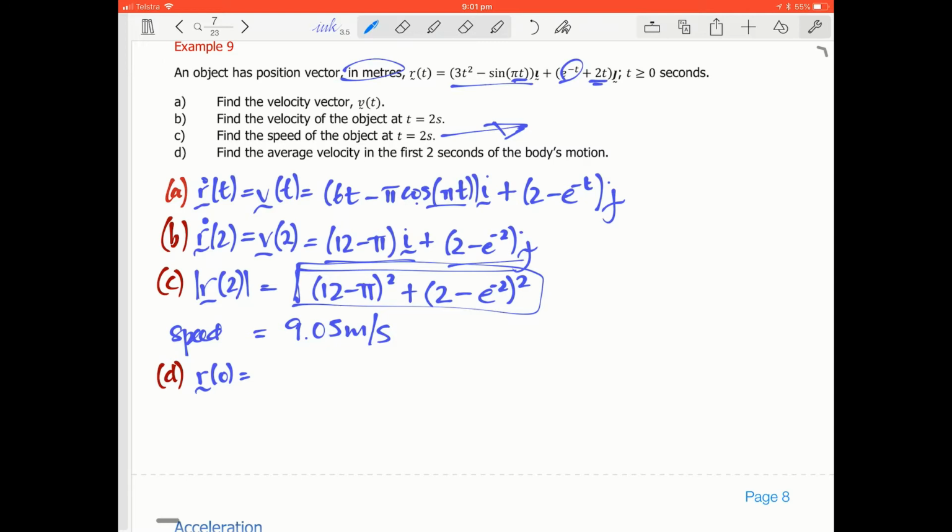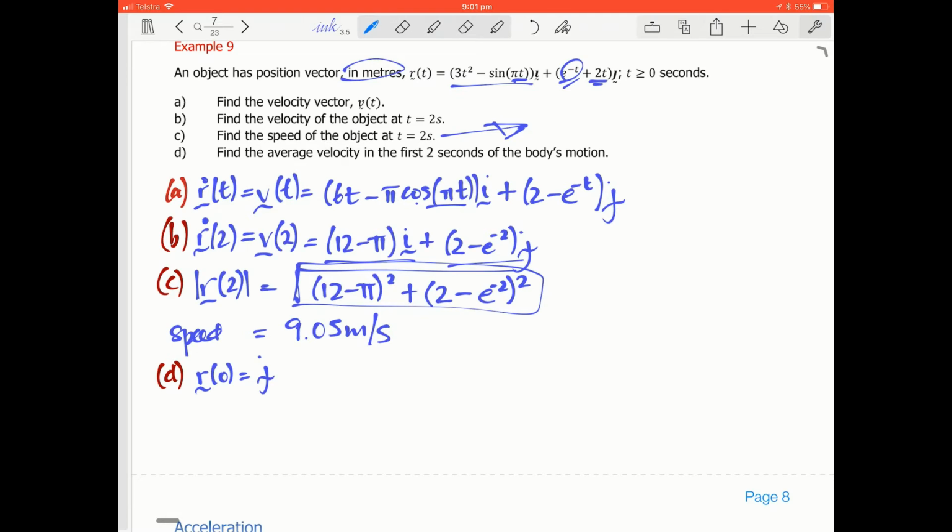I get 0i, then I get e to the negative 0, which is going to be 1, plus 2 times 0, so we're just going to get j.